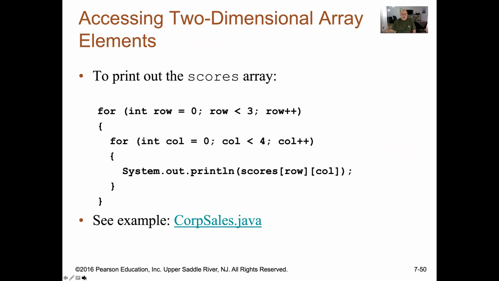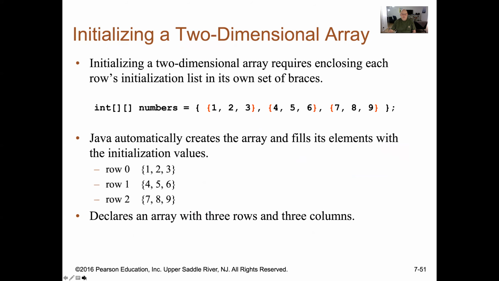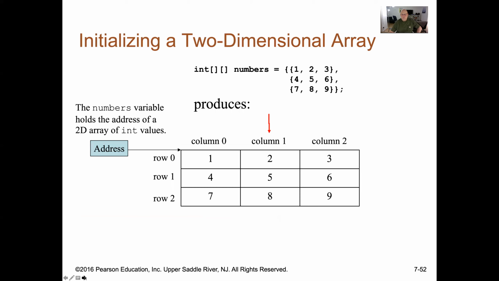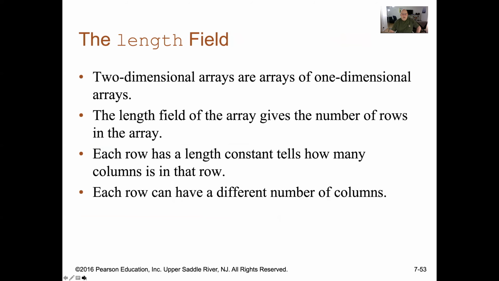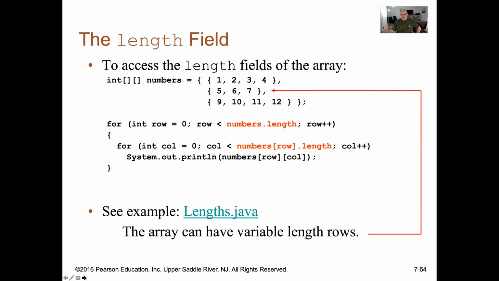This is how you print out the scores array. This is how you initialize a two-dimensional array. Two-dimensional arrays are arrays of one-dimensional arrays. The length field of the array gives the number of rows in the array. So the length field gives you the rows.